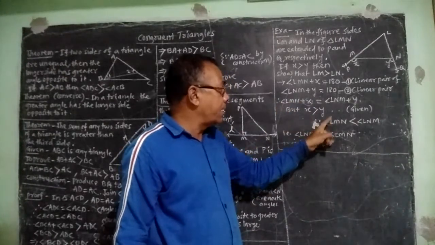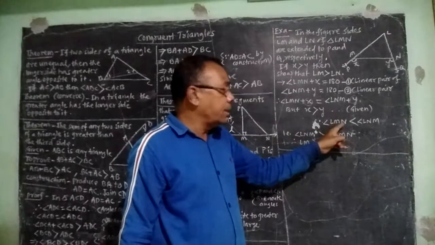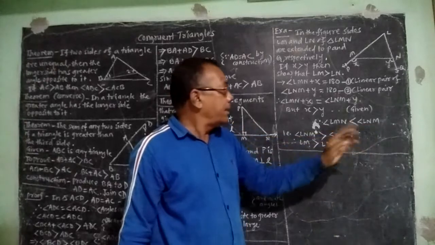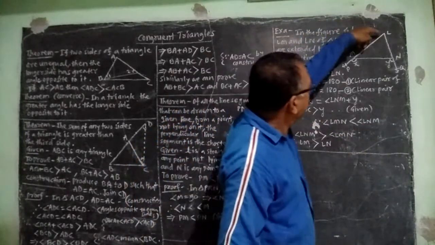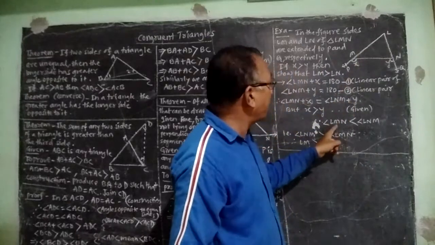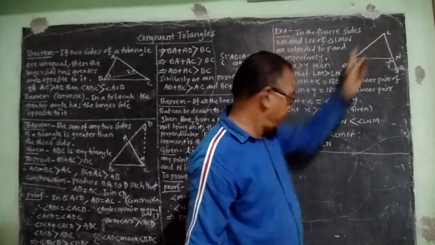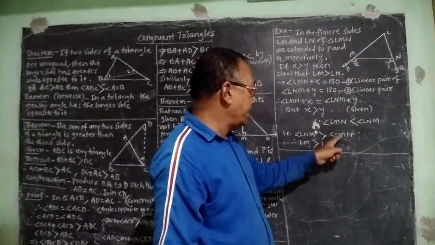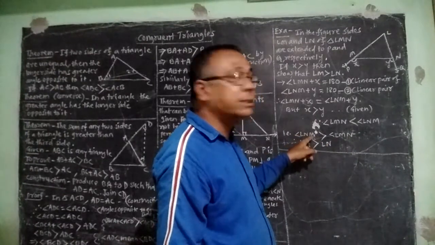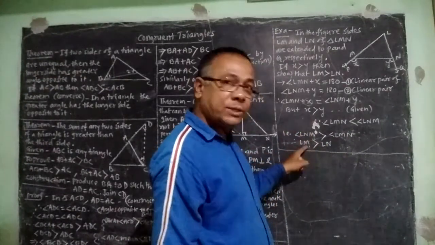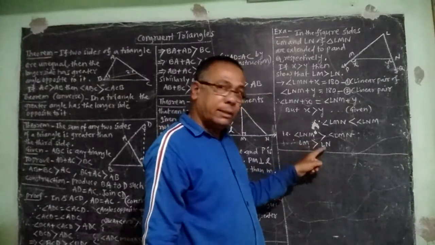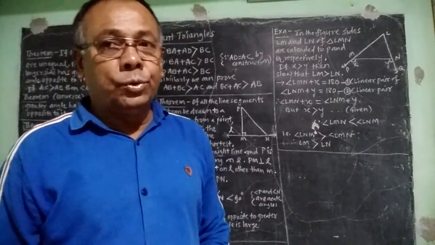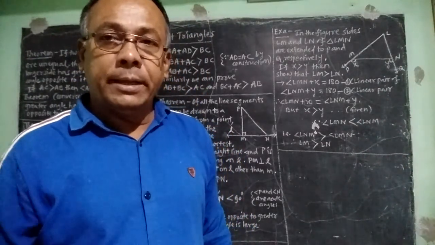Means angle LMN is smaller than angle LNM, and if LMN is smaller, then its opposite side LN is also smaller, and LNM is greater, so its opposite side LM is greater than LN. In this way we have seen the two important theorems and one example.